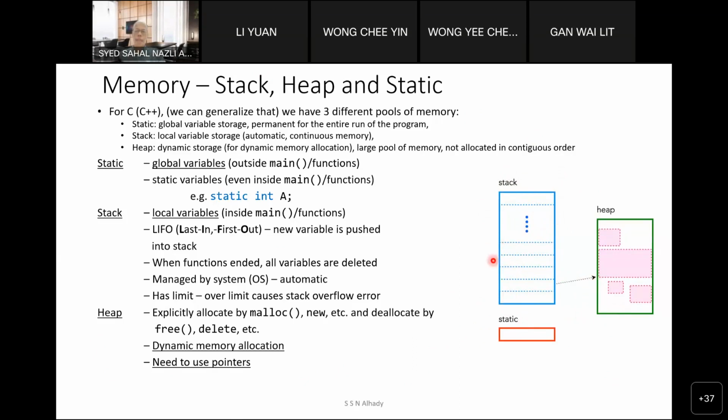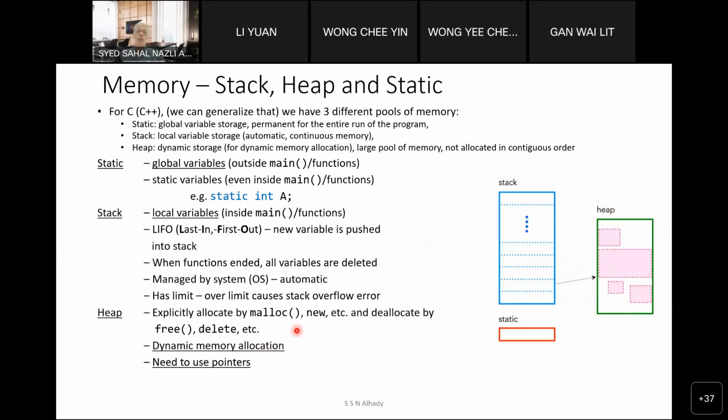And then for the stack, as we know, it is contiguous. It is located in contiguous order, where the last variable in will be the first going out. And the last one we discussed is heap.